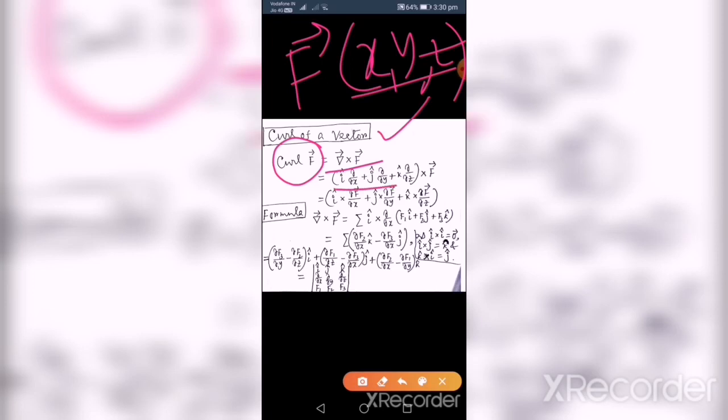So this is del cross f. So we are getting i cross del f/del x plus j cross del f/del y plus k cross del f/del z. Unlike the divergence of f, curl f is a vector point function.